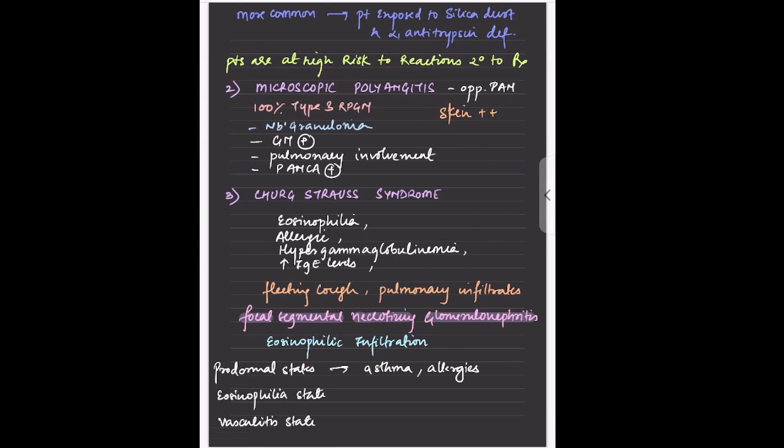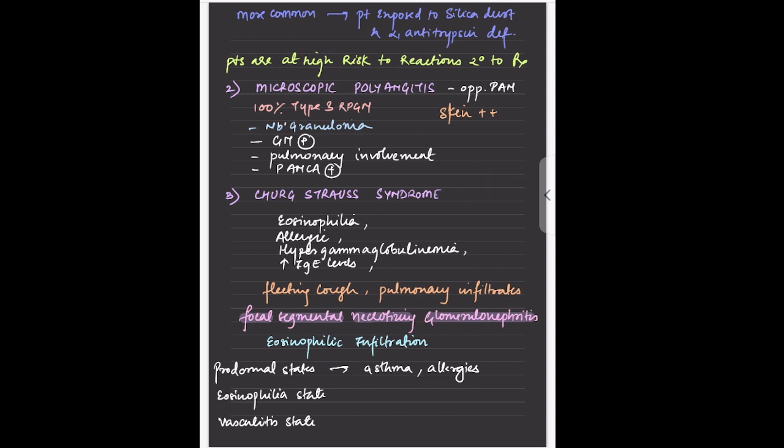Then we have microscopic polyangiitis, which is the opposite of PAN. You can refer to the PAN video. Mostly it has no granuloma, glomerulonephritis is present, pulmonary involvement is seen, and there is p-ANCA. Now in Churg-Strauss syndrome, we only know there is eosinophilia, but there is much more.